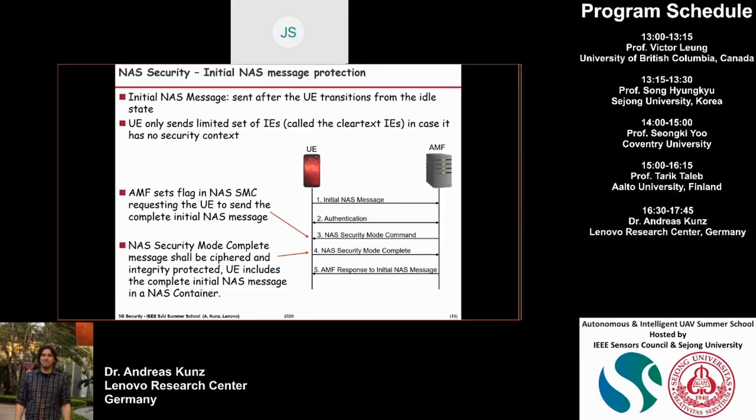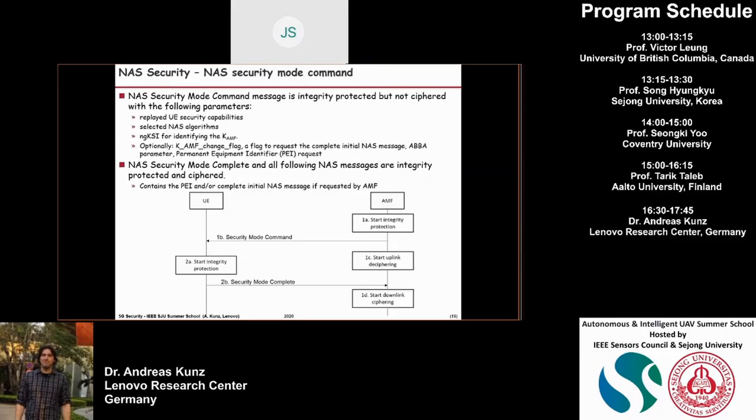So let's look at the NAS security mode command, or NAS SMC as it's called. The AMF has the KAMF and derives from it the NAS keys for integrity protection and ciphering. So it will send the NAS security mode command, which is integrity protected already, and it has a couple of parameters like the UE security parameters, which are replayed and were originally already sent in the initial NAS message.